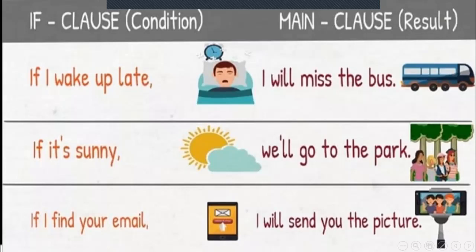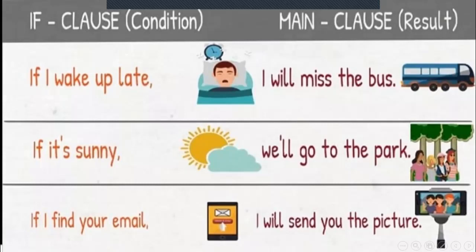Also, the second example, if it's sunny, we will go to the park. Here also, my students, this action depends on this action. The third example, if I find your email, I will send you the picture.